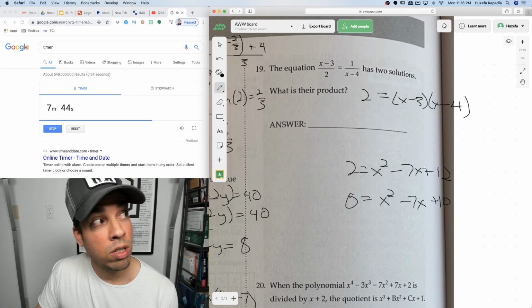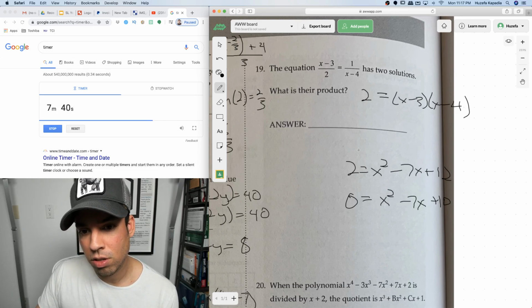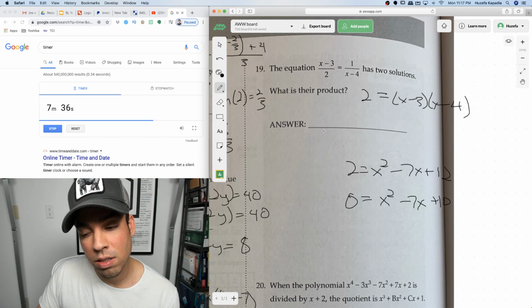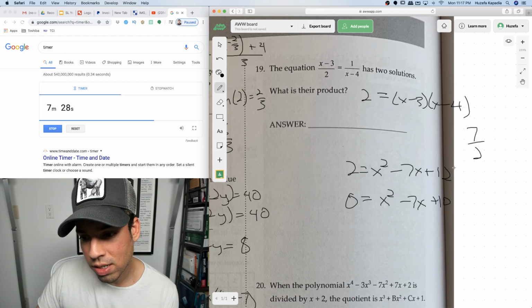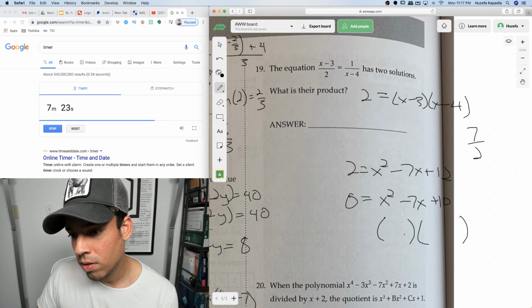So I'm going to use a little trick here, and then I'll verify for you. But the solution to the oh, no. Is that the sum or the... I'm thinking of it... 7 over 2. Hold on. I can't remember if this is a solution to the sum or the product. Anyways, just remember that 7 over 2 for a second. I'm actually going to solve it properly. Okay, so then it becomes x minus 5.